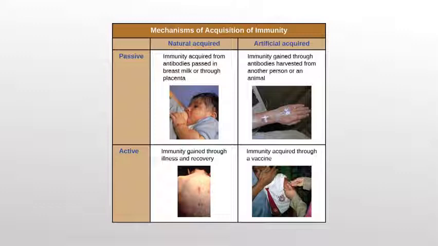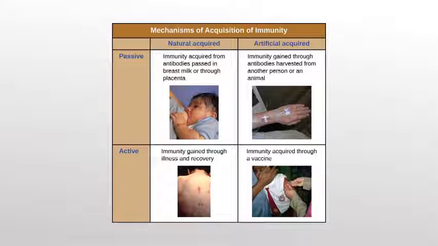When an individual is unable to make antibodies and memory cells, antibodies are given from another source to provide passive immunity. This can be done in a natural way, in which case the body receives antibodies, or it can be acquired, that is, it receives antibodies from an outside source. Either way, immunity is immediate but short-lived.